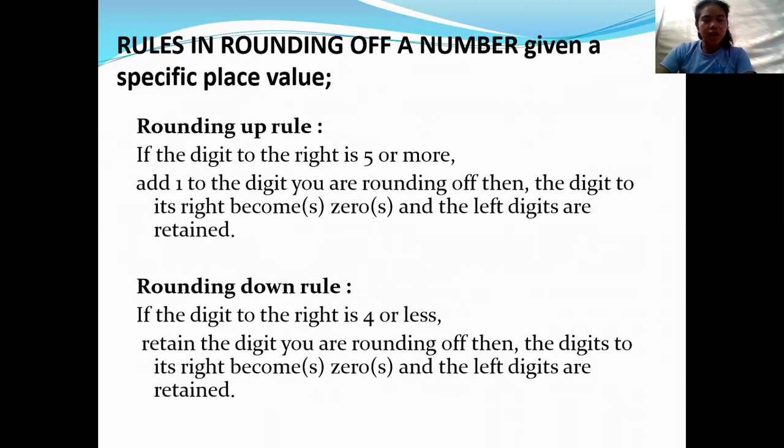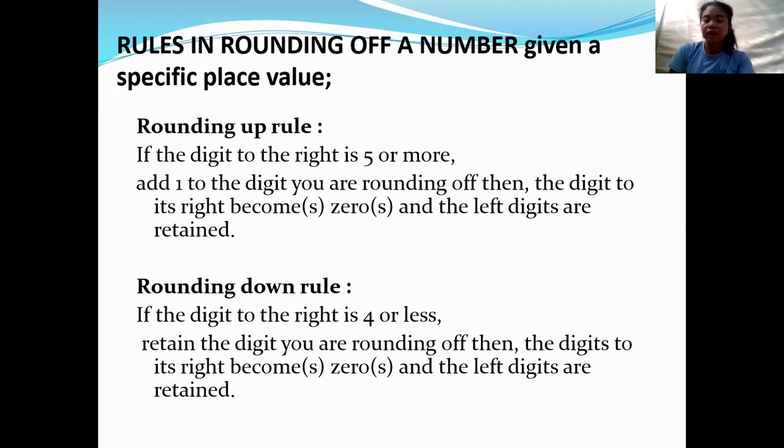The digit to its right becomes 0 and the left digits are retained, so magpabilin.